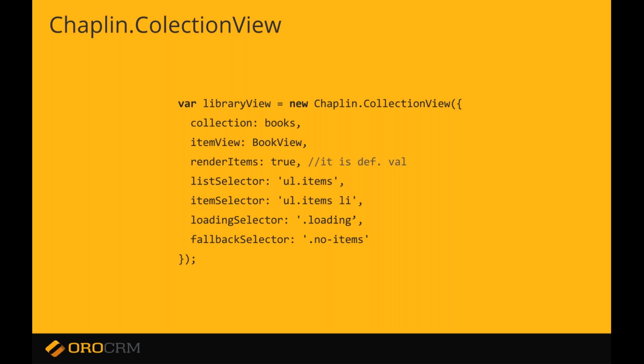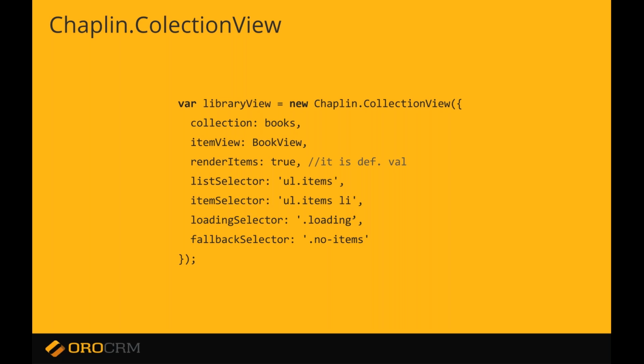So first we say that our collection is books, and after that we say that each item view of that collection have to be a book view. We say that all items have to be rendered. So once collection is changed, all items of all book inside collection books will be rendered by a book view.